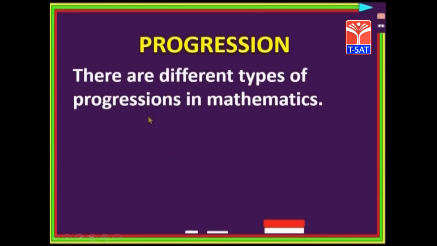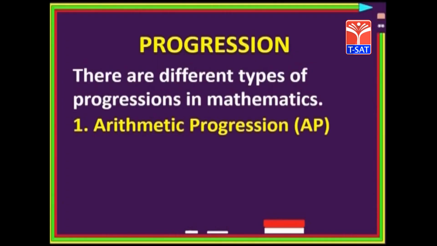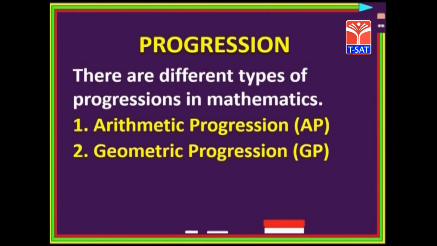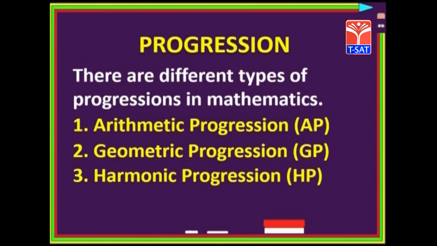Next, there are different types of progressions in mathematics. The first one is arithmetic progression, the second one is geometric progression, which is denoted as GP, and the third one is harmonic progression, indicated as HP. Mainly we learn arithmetic progression, geometric progression, and harmonic progression. In arithmetic progression we get each term by adding a fixed number to the preceding number, except the first term.